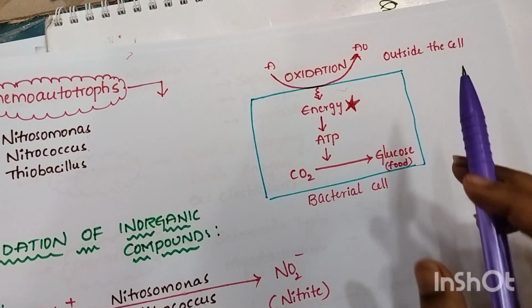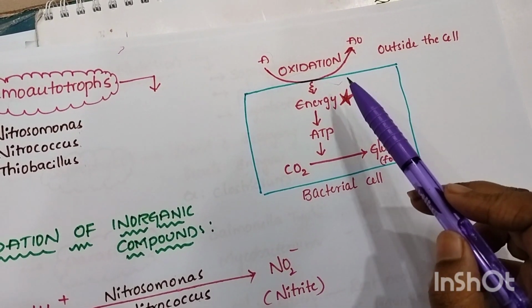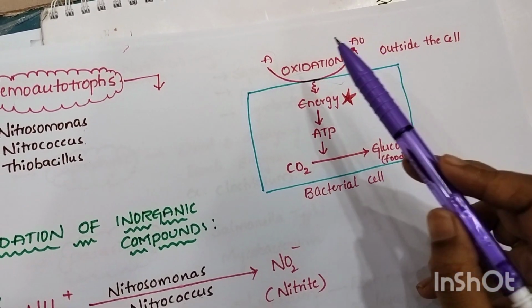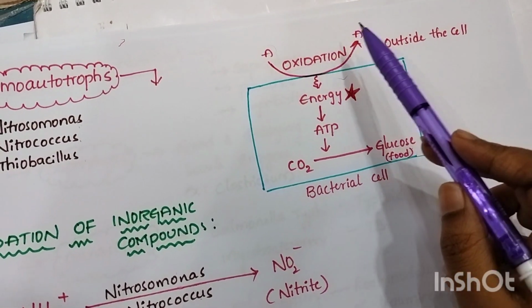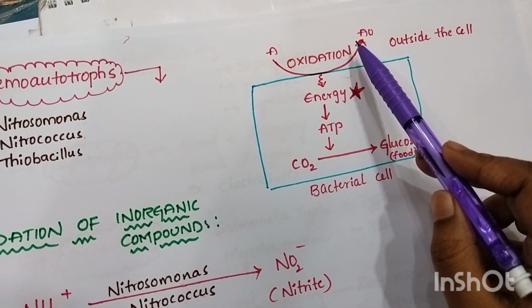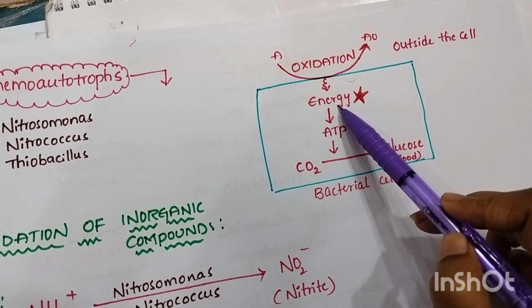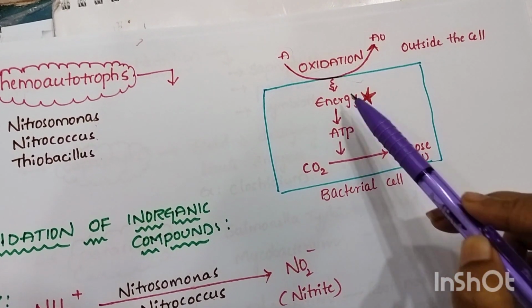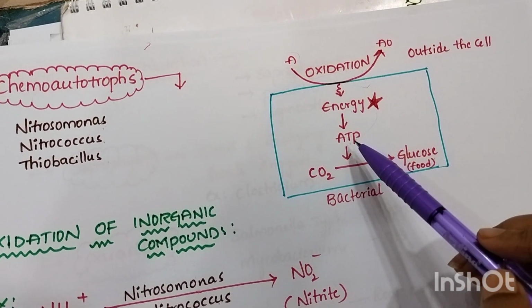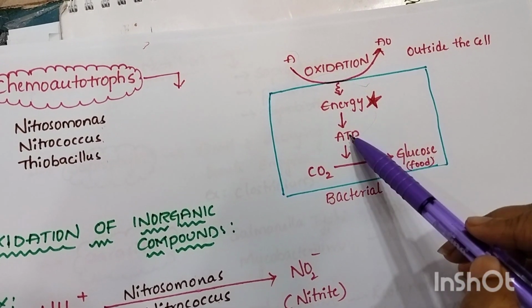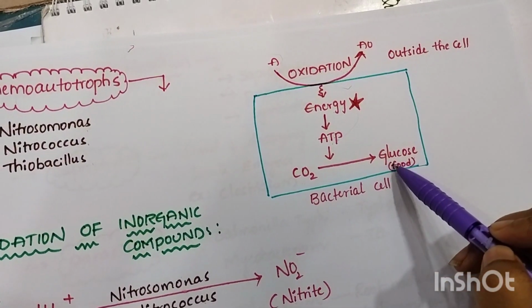Okay, so here the concept is simple. The bacterial cell is doing a process called oxidation. So it is oxidizing the inorganic compounds. While the oxidation is happening, some amount of energy is released, and that energy is converted into ATP by this bacteria, and this ATP, this energy, is utilized by this bacteria for converting the CO2 into glucose.